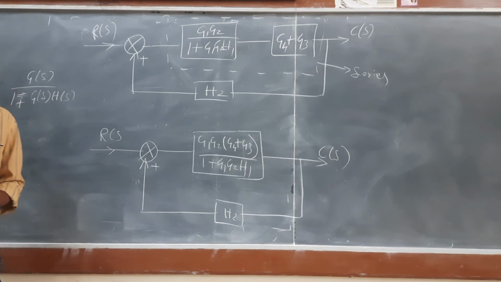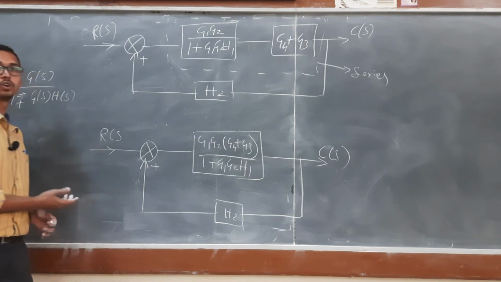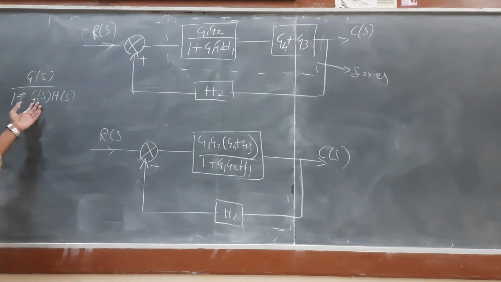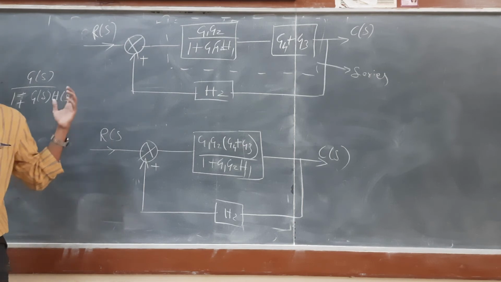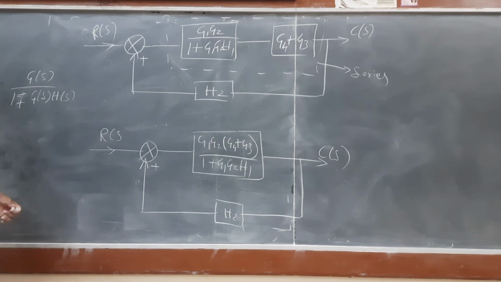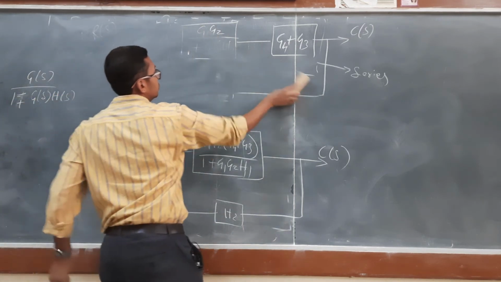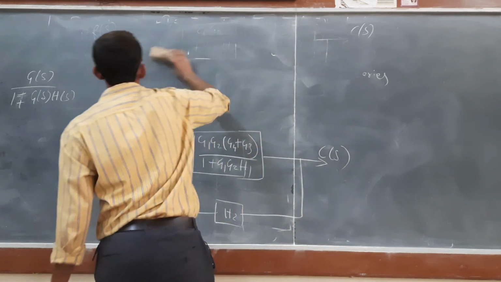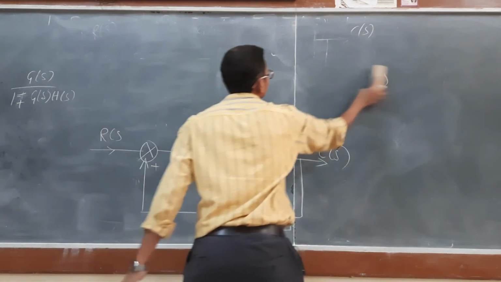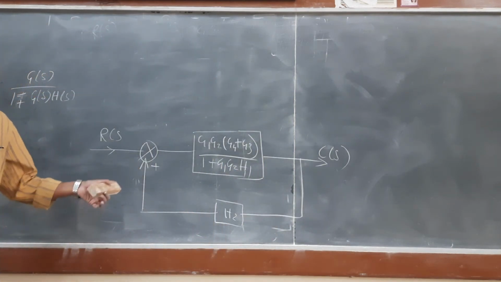Now what is the next step? So this looks like a minor feedback loop. Once again, we are going to apply the formula G of S divided by 1 plus or minus G of S into H of S, and we are going to find the transfer function of the given block diagram. So what is G of S here?